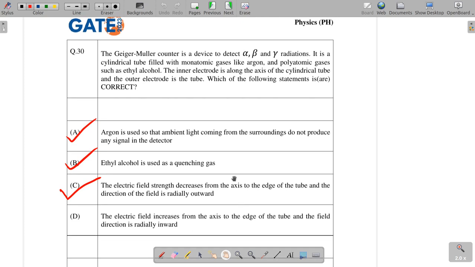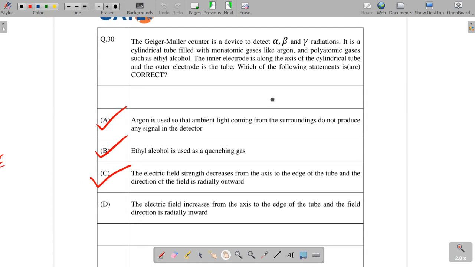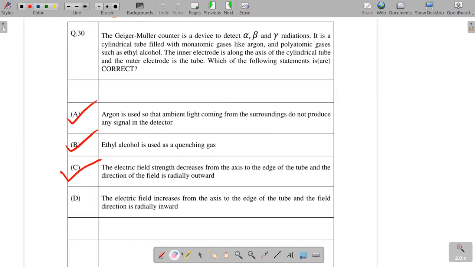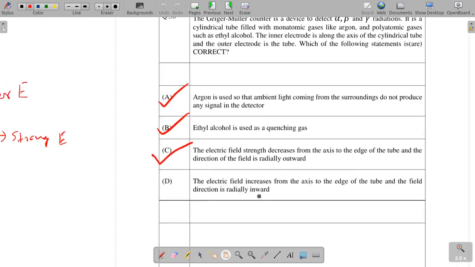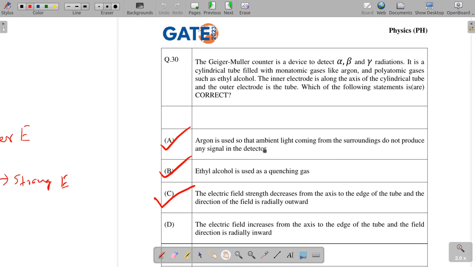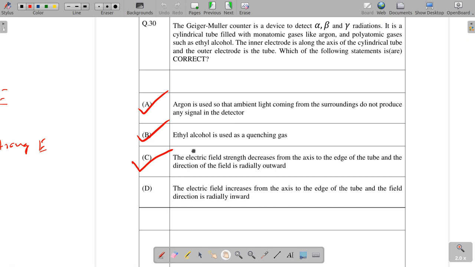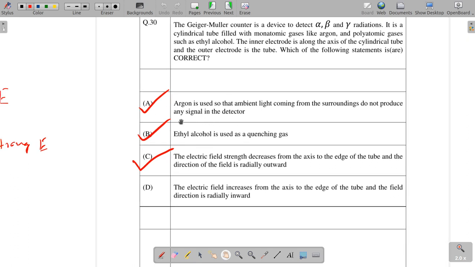Yeah, the GM counter is a device to detect alpha, beta in any radiation. It's a cylindrical tube. You might have learned about this at least in some degree class. You have a potential difference between the central wire and the cylindrical electrode. There is a potential difference between the positive and the ground. So the question again is to pick out the true statements, and there can be several.